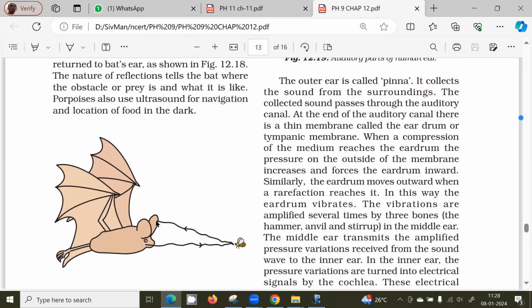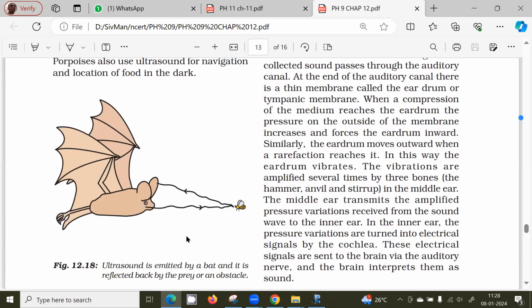So this is a bat, which can emit frequencies in the ultrasound range. It is emitting the frequency and it hits the target. Since there is a change of medium from air to the insect, it gets reflected, so the bat can detect it. Bats don't have eyes, so it cannot see this insect, but it can hear the echo. From this, it can estimate the direction.